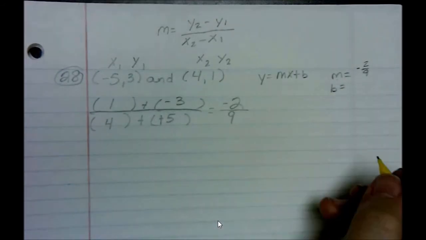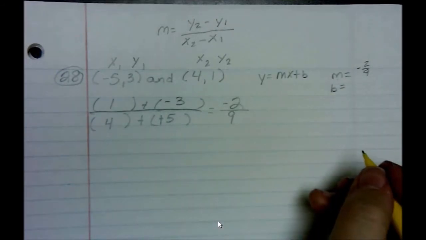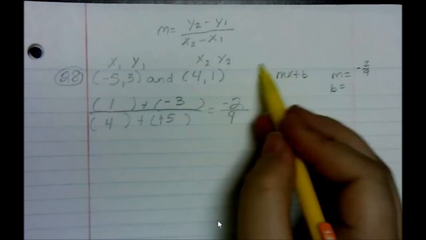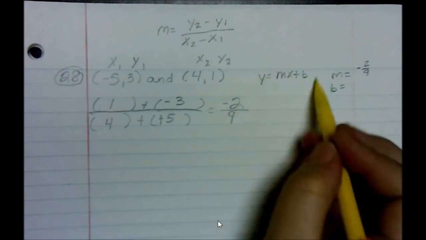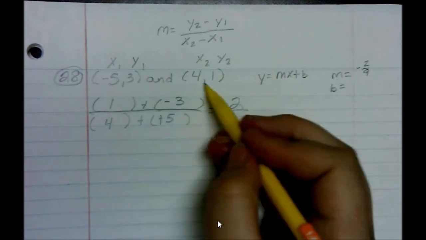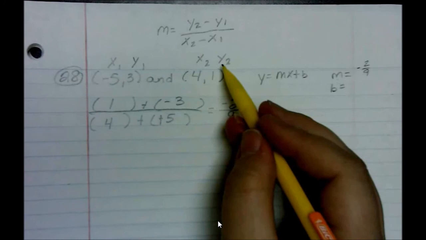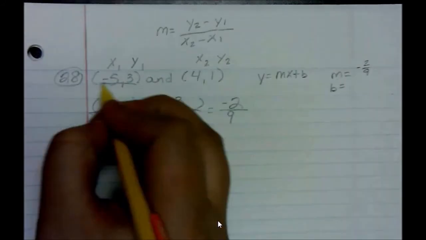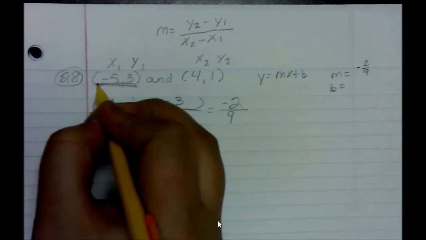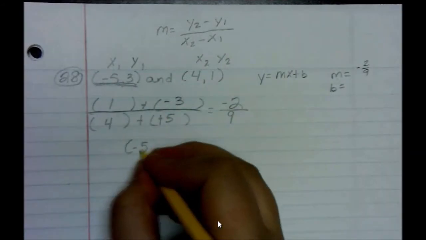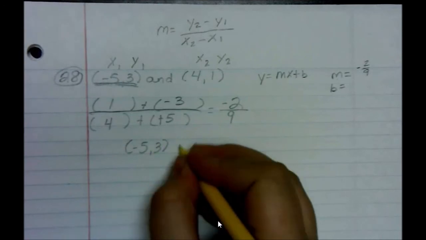Then to find the y-intercept, I'm going to plug that into my slope-intercept form, and I can choose whichever set I want to use. Well, I think I'm going to choose this first ordered pair. Remember, you can choose whichever ordered pair you wish. So the ordered pair is -5, 3, and m equals -2 over 9.